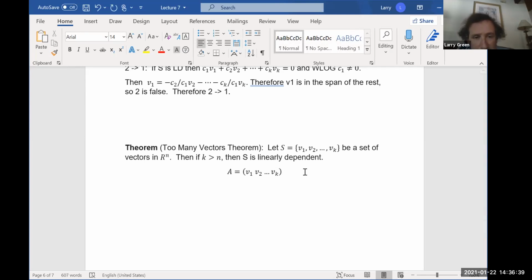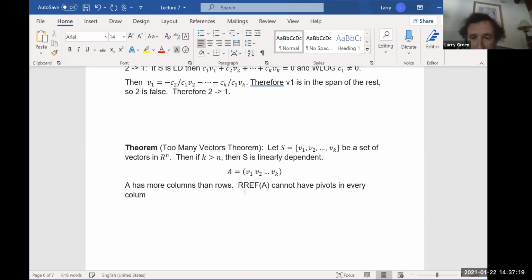So A has more columns than rows. Now our REF of A, we're doing it in theory, so it doesn't matter how many R's. What you know is that it cannot have pivots in every column.